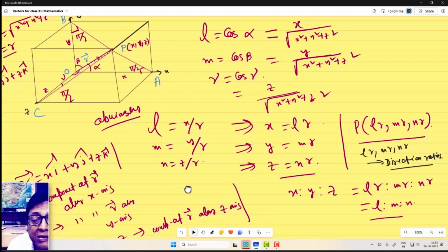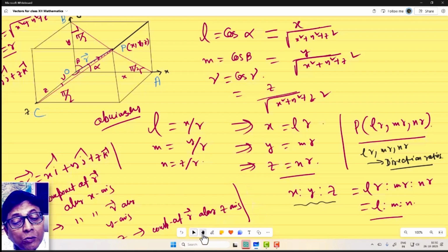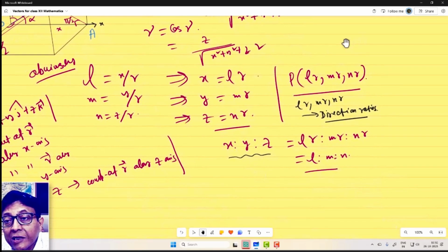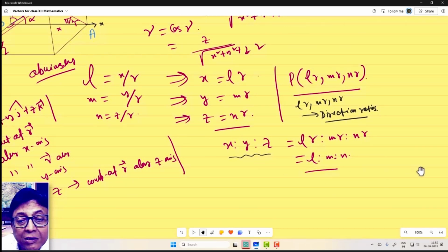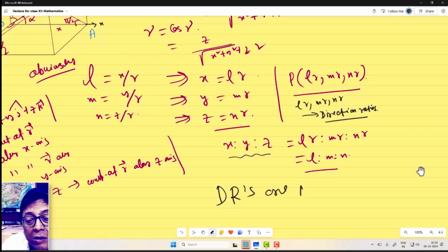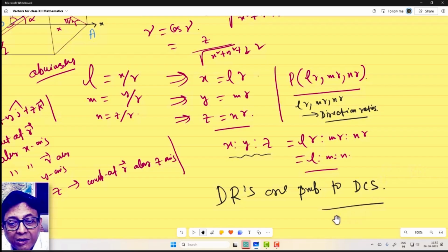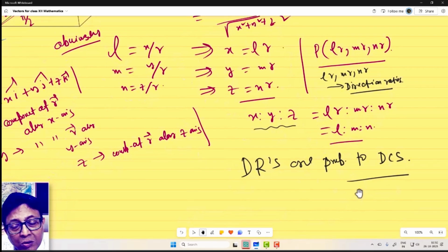And L, M, N are direction cosines. So what have I seen there? That x is LR, y is MR, z is NR. Those direction ratios LR, MR, NR are proportional to direction cosines. So DRs are proportional to DCs. Clear? Direction ratios are proportional to direction cosines.